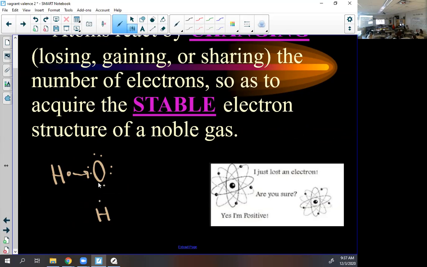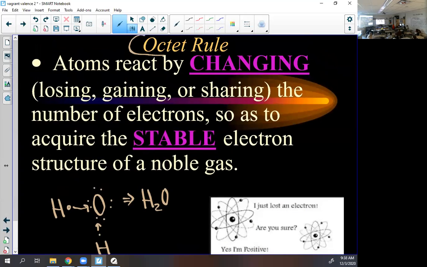But oxygen still needs 1 more, so then it goes here. So whenever oxygen and hydrogen combine, they form a H2O molecule. Water is a 2H to 1O ratio in order to satisfy the octet rule. Fair enough? Okay, let's call that good.